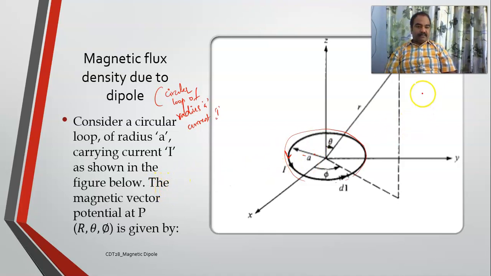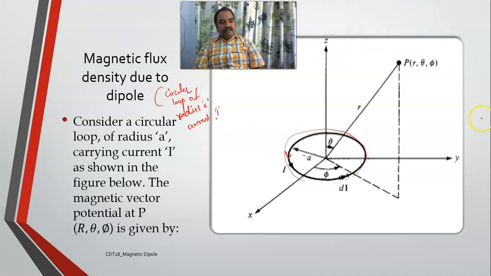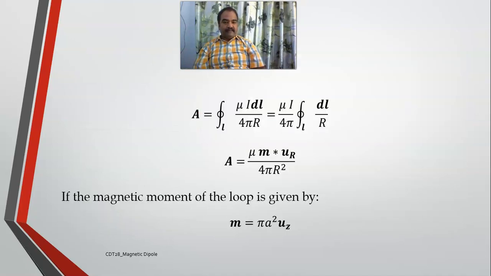Now the magnetic vector potential, we have already seen these things. If I take any point here, at this point the magnetic potential is given by this expression, which we have already seen in the last classes. I consider a spherical coordinate system and take the distance as capital R. Normally we know the equation is mu I dl by 4 pi r.